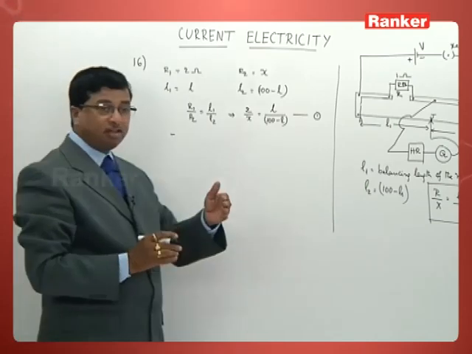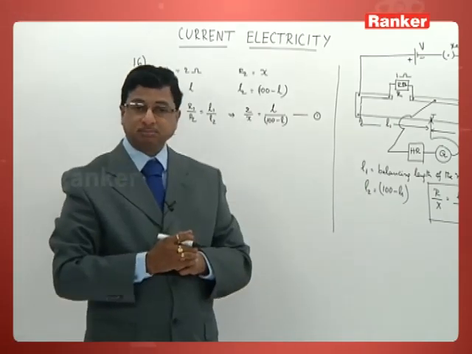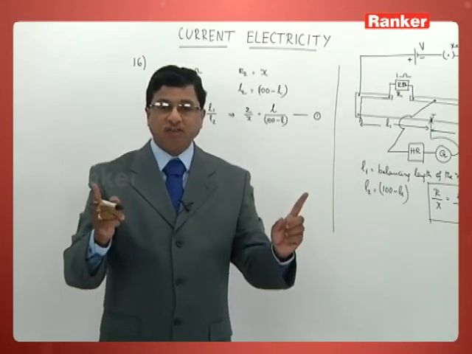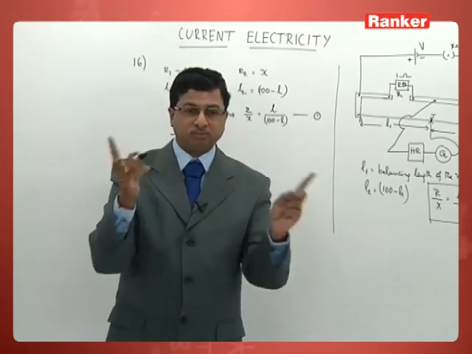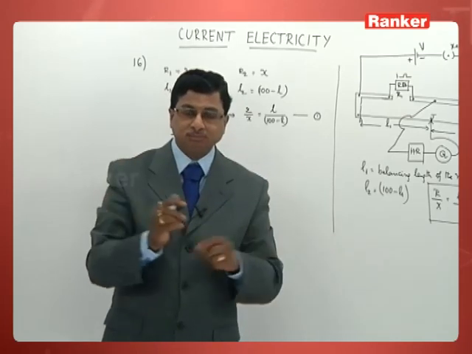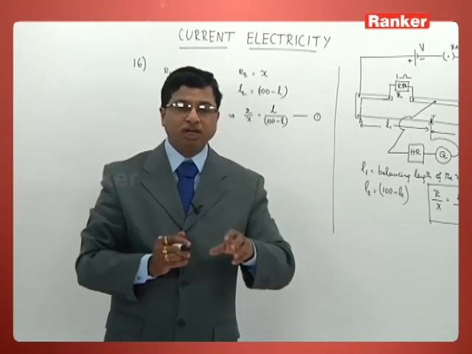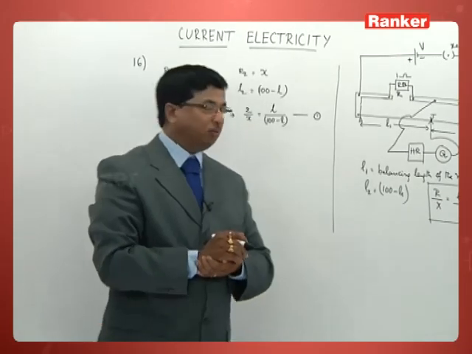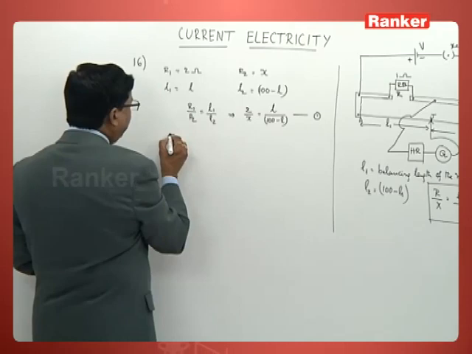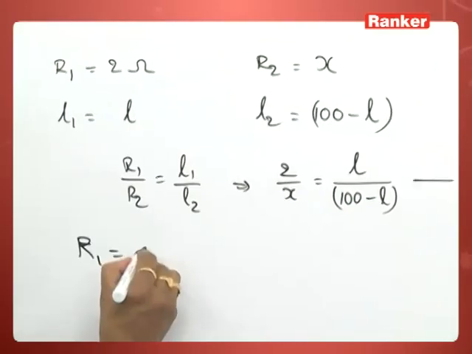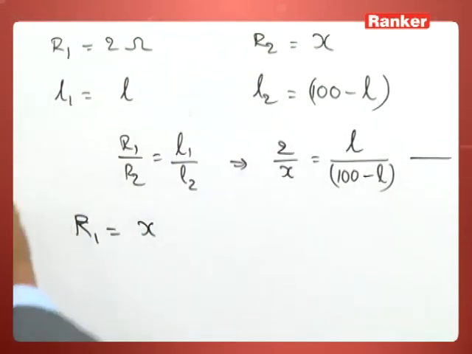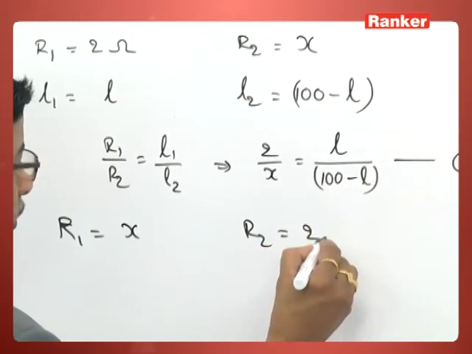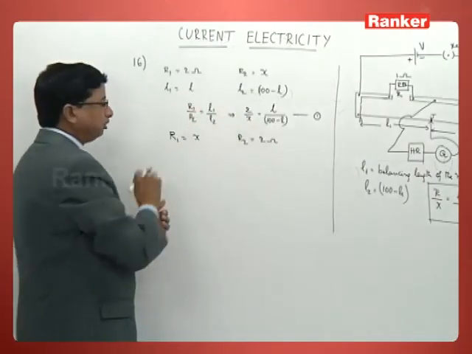Now what he said in the second half of the problem, just look at. When these resistances are interchanged, the balance point shifts by 20 centimeter. That means this R1 now becomes X. This has come into the left gap. And R2 now becomes 2 ohm. That comes to the right gap.